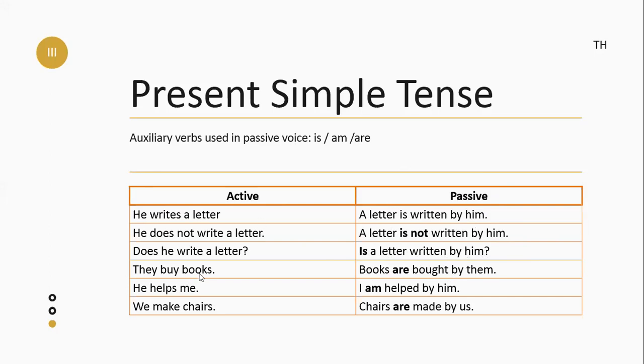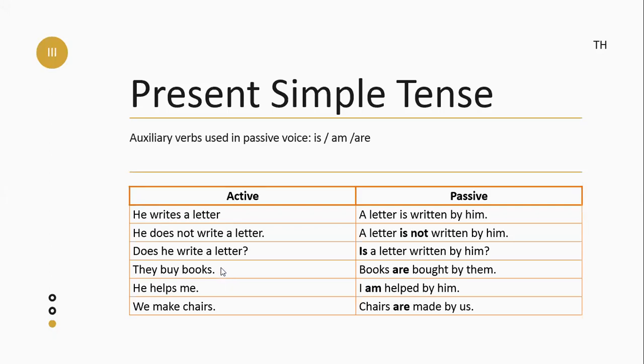And then if you move on to the next example given here, we have they buy books. In the first sentence the subject was a singular one, but here the subject is what? When you say they buy books, the subject is plural, yes, well done.